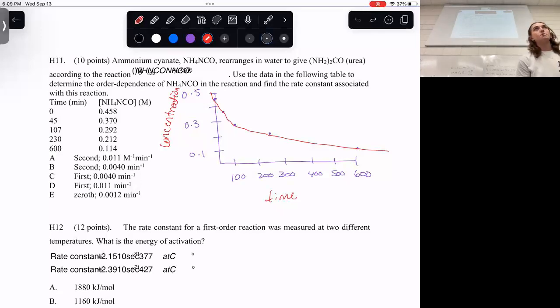Okay, so we determined that this is going to be second. So what is the, I guess, equation for a second order reaction? Do we know?